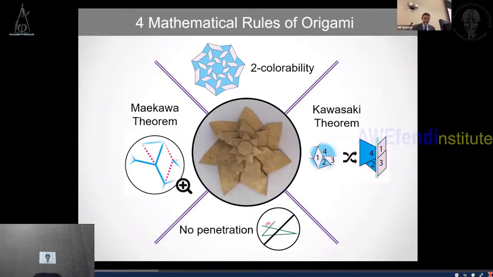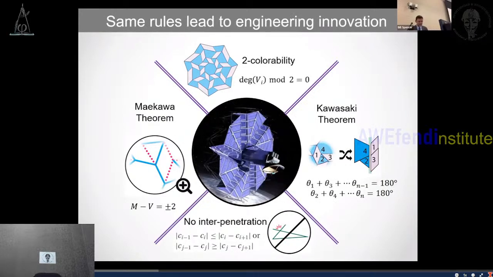So that to achieve flat foldability, it has to satisfy 2-colorability, and I am going to elaborate more on this. It has to satisfy the Maekawa theorem. I am going to elaborate on the Kawasaki theorem, and the folds should not interpenetrate for physical reasons. And it is the same mathematical rules that lead to engineering innovation.